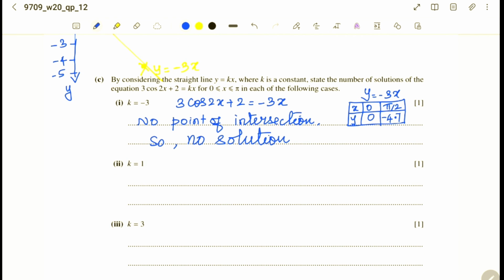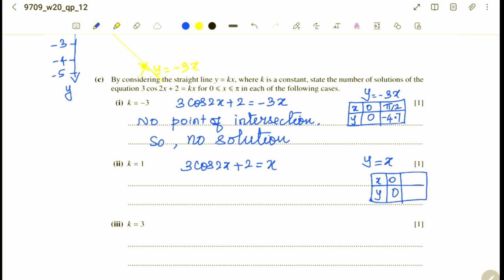Next, k is equal to 1. So in this case, 3 cos 2x plus 2 is equal to x, and we have to take y is equal to x. When you substitute k is equal to 1, we will get y is equal to x. When x equal to 0, y is also 0.